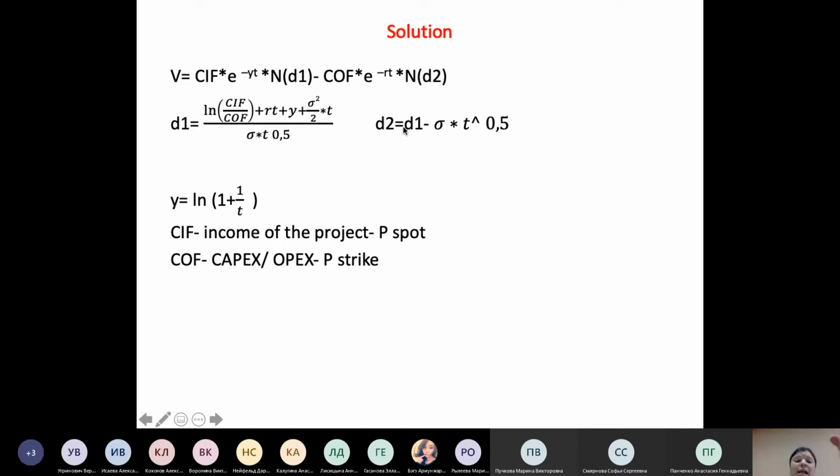And D2 can be found as D1 minus the standard deviation multiplied by T, the period of expiration of the option, to the extent 0.5.